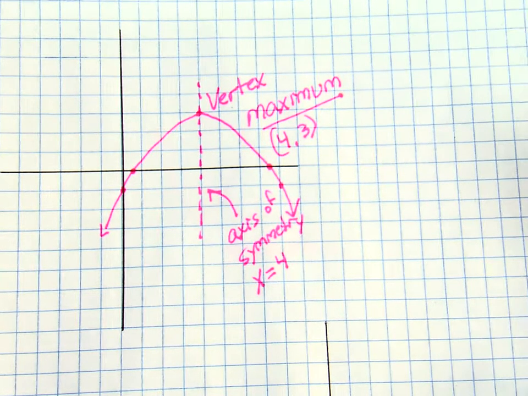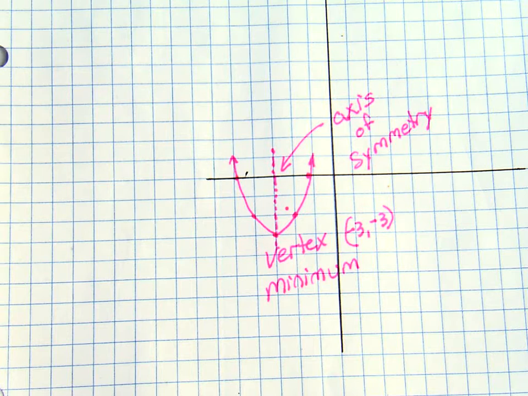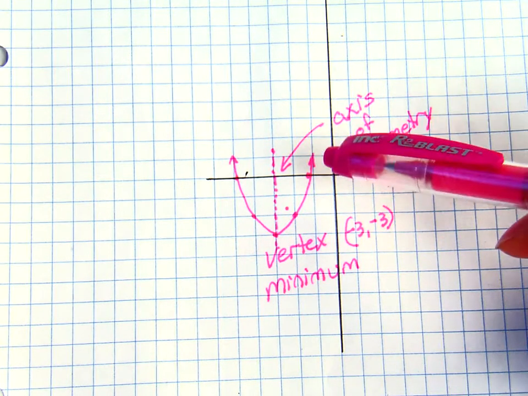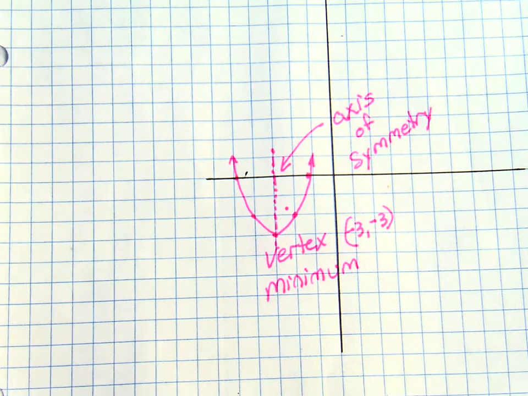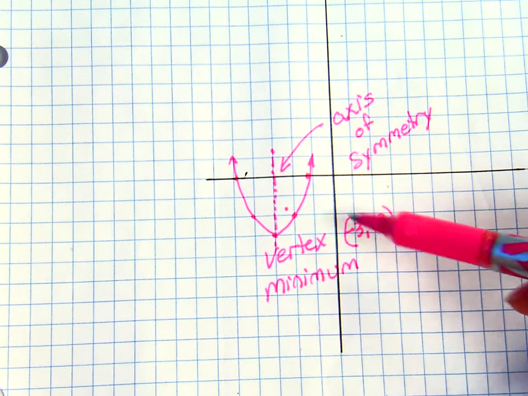Now let's look at another one, moving this very gently. Here we have, of course, a parabola that opens upward. It has also a vertex at -3, -3.